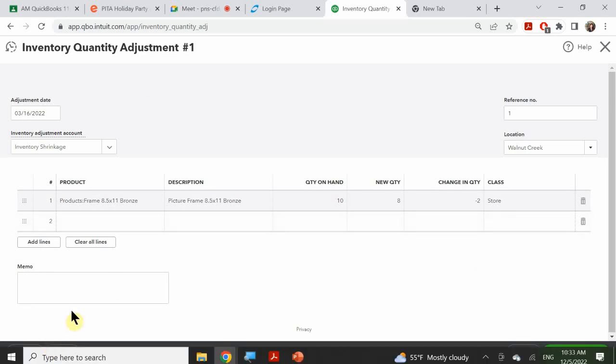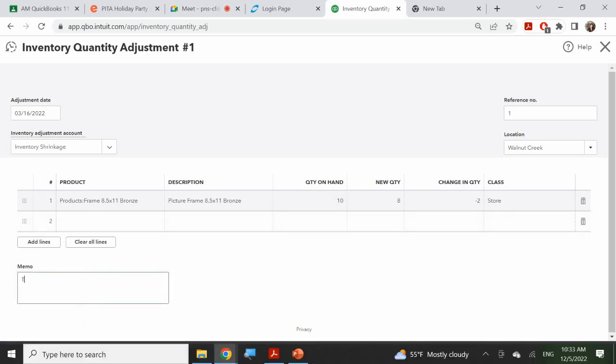And of course, you could put the note here to replace 2 broken picture frames for Neo Garcia. And if you have the transaction code number or whatever it is, go ahead and put that in there.